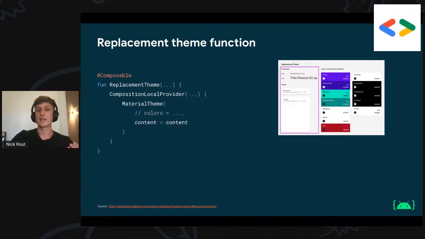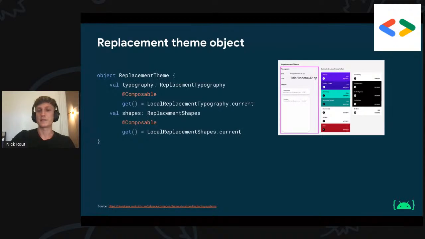And then we still need to, again, use material theme because we want to maintain the material colors and pass through that colors object to this material theme, as well as our contents. Lastly, we create this object again to help us with a convenience access object for our replacement typography and shapes.